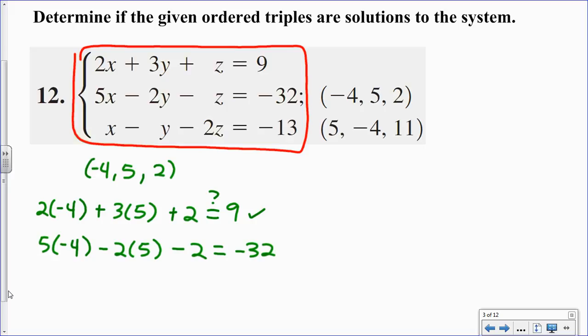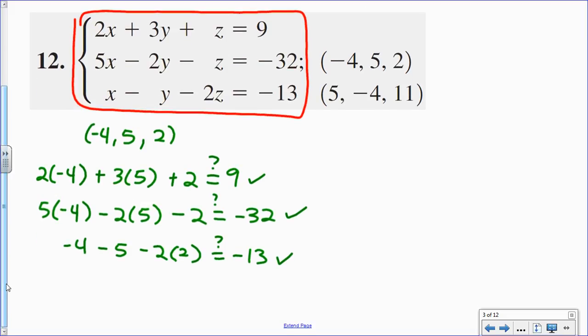Does that equal negative 32? Okay. And now negative 4 minus 5 minus 2 times 2. I want to know if that equals negative 13. Yes? Okay. So negative 4, 5, and 2 is a solution.